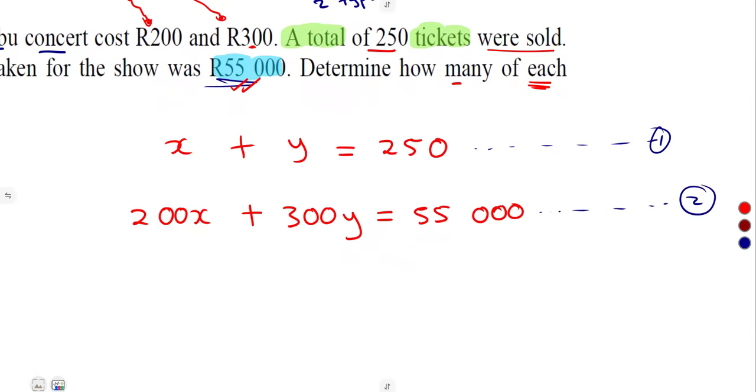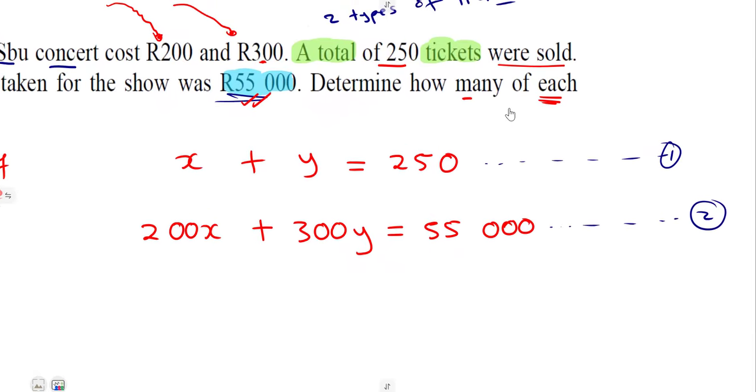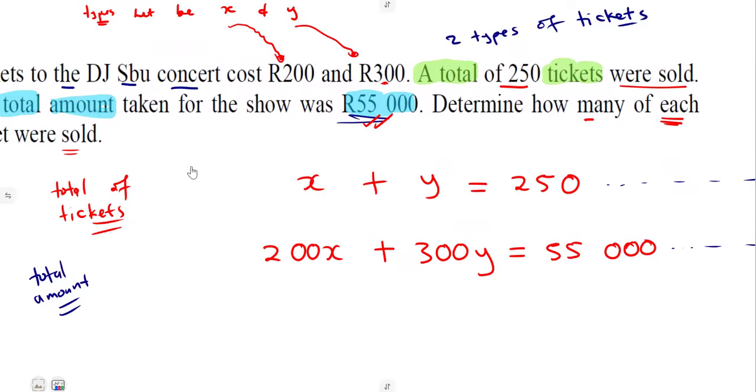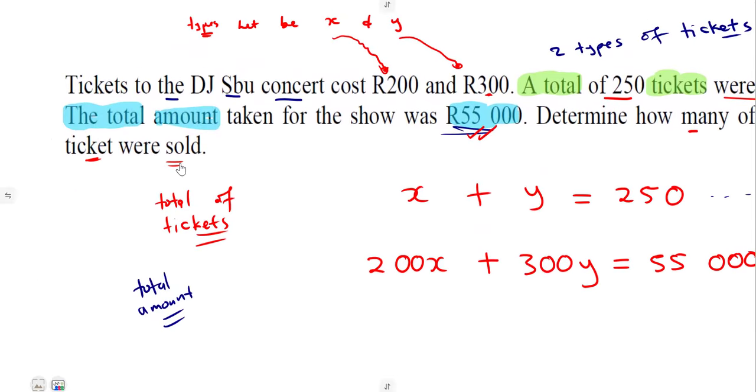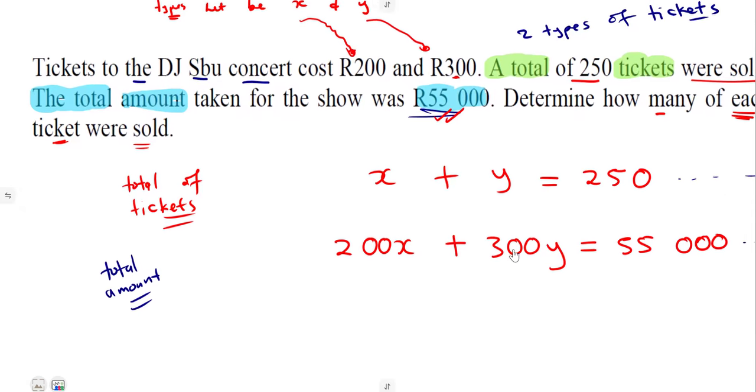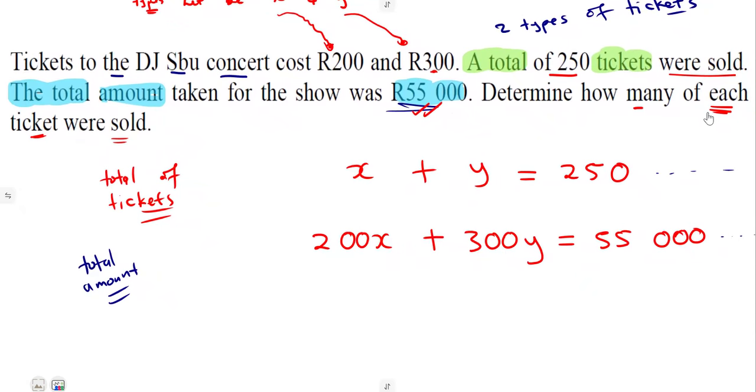Here they want us to determine how many of each ticket were sold. So by solving for X, because we said let X represent the 200 Rand ticket, and Y the 300 Rand ticket.